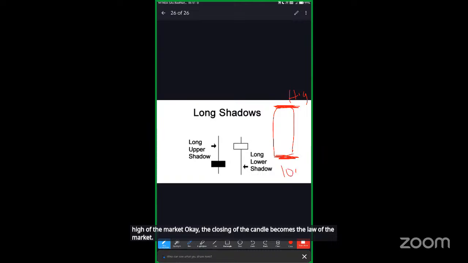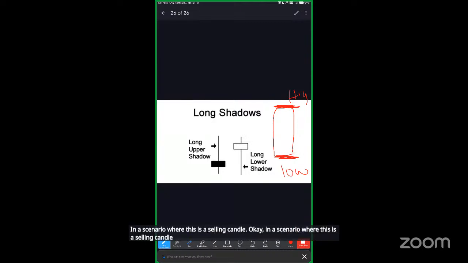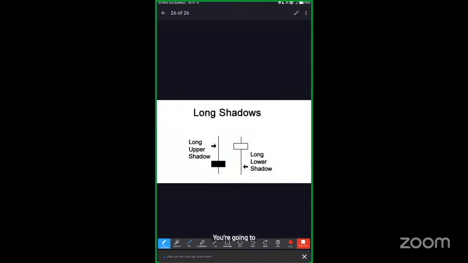Where the body closed becomes the low of the market, where the body opened becomes the high of the market. That is in a scenario where the candle does not have shadows, because when you go to your TradingView, you're going to see candles without shadows.